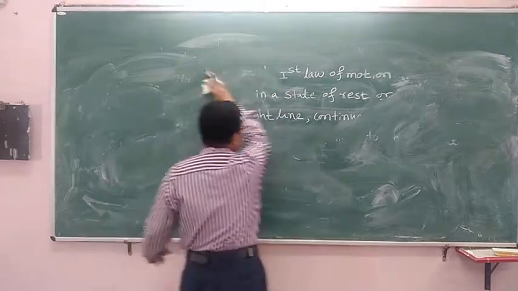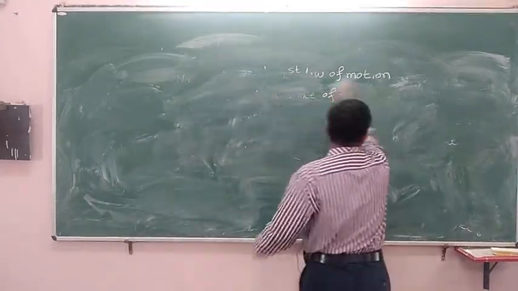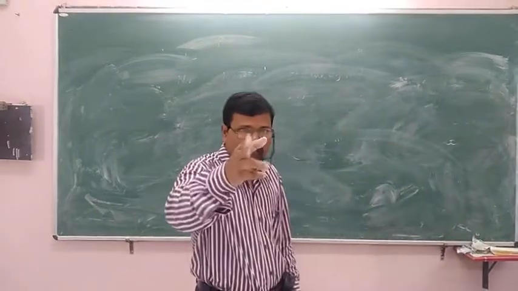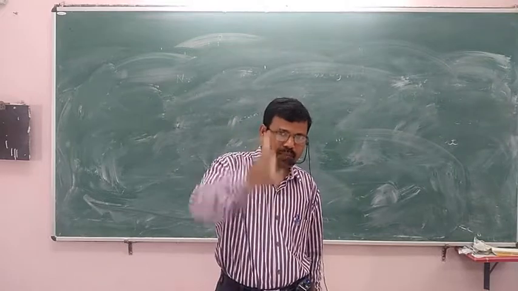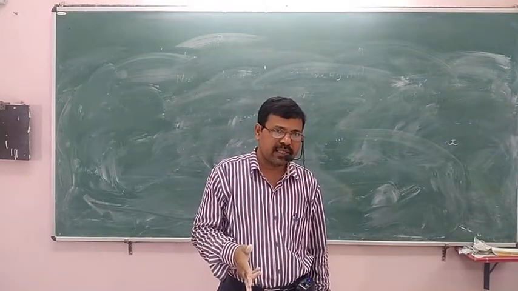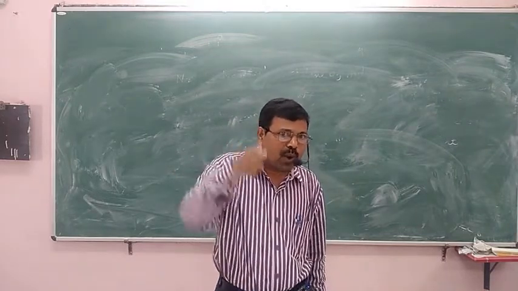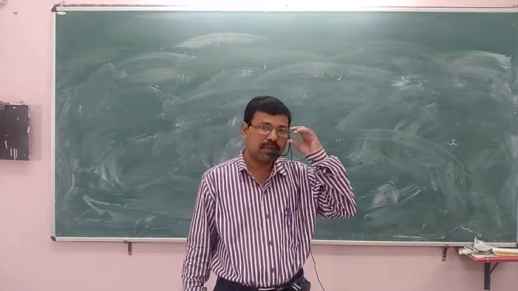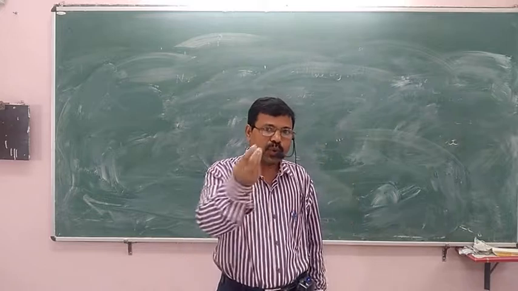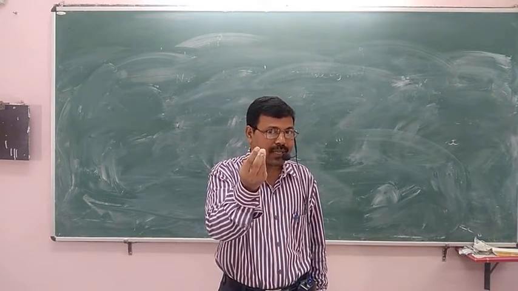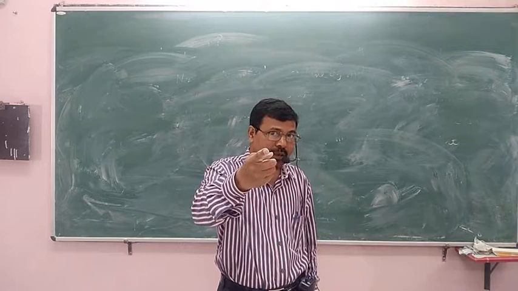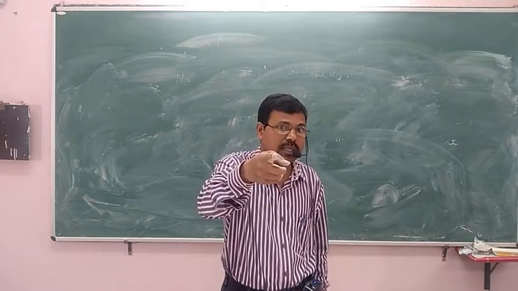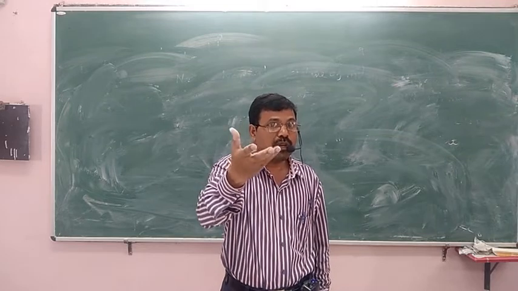For example, when a bullet is fired, due to its mass and velocity, the bullet has large momentum. Even though its mass is less, it has a very high speed, a great velocity. So its momentum is large.